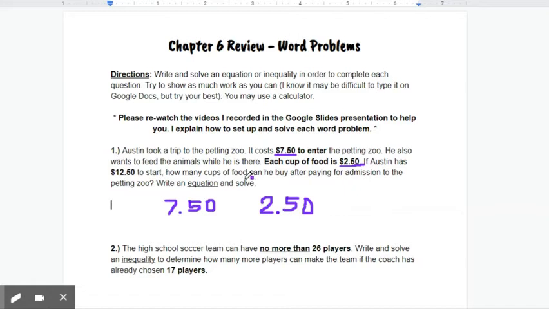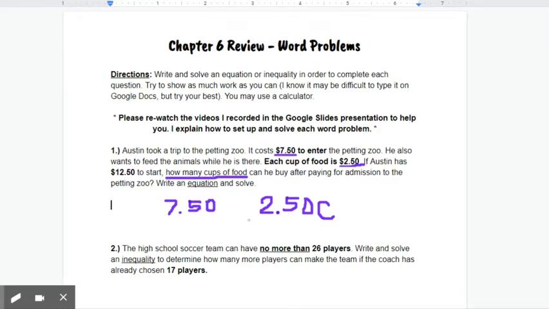We need to figure out how many cups of food he can buy. So we need to think of a variable to represent the number of cups of food. I'm going to use C because C stands for cups. It's the first letter in cups, so C is a good one. You can use any other letter.